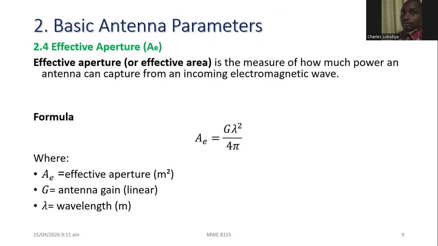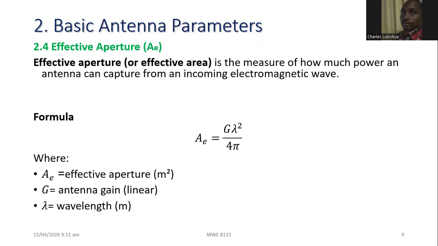This is mainly measured at the receiver end. So if you have an incoming electromagnetic wave, the measure of how much of those electromagnetic waves that antenna can capture, that measure in meters squared, is known as the effective aperture.